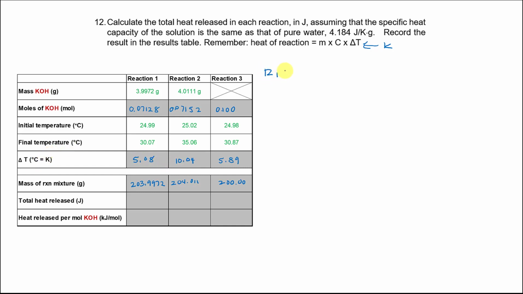So for each reaction, for reaction 1, I have the mass of the solution times the specific heat of water, and my delta T is 5.08 K. So I'll do that calculation. So this will be 4335.9 joules. So my units that cancel out are grams and Kelvin. I'm left with joules. So we'll do the same calculation for the other 2 reactions.